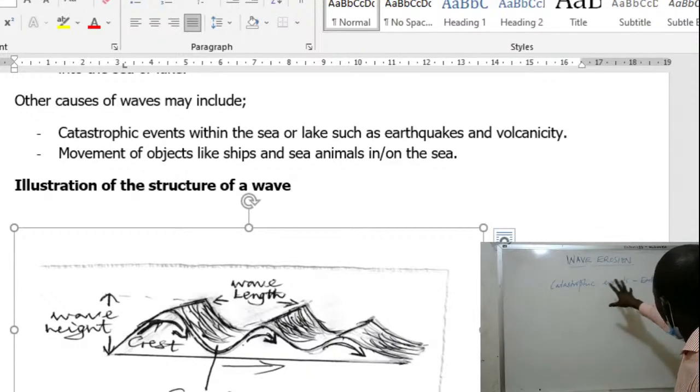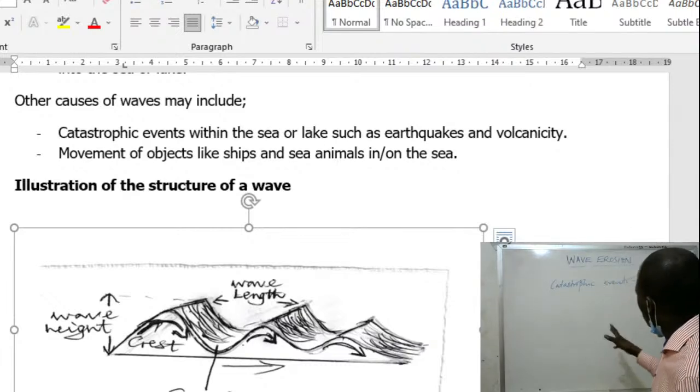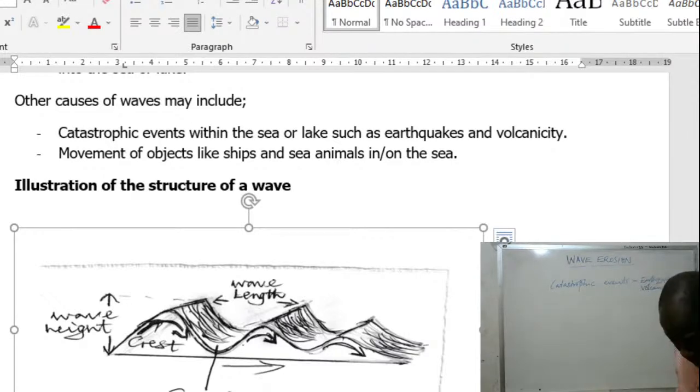Such events may also cause oscillations of water towards the coast, and therefore can be a cause of waves.